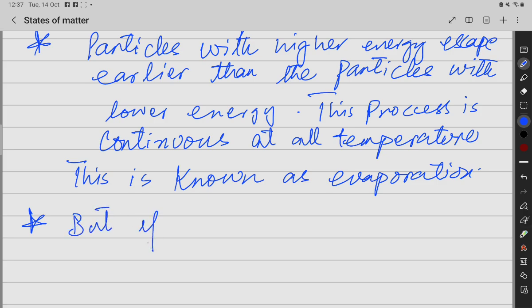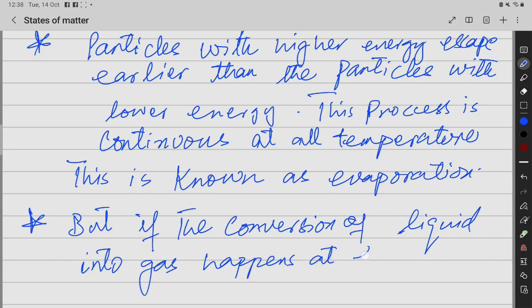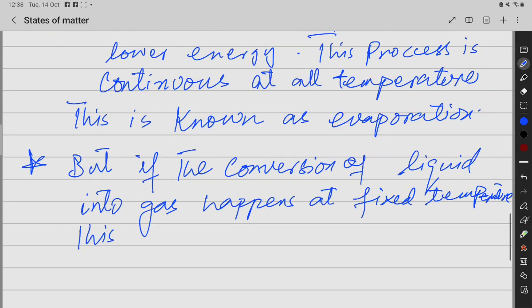But if the conversion of liquid into gas happens at a fixed temperature, this is known as boiling.